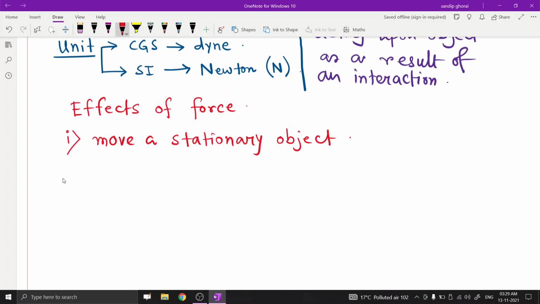Now the second point is that a force can stop a moving body. Similarly, if a body is moving and we apply a force to it, then it can be stopped.